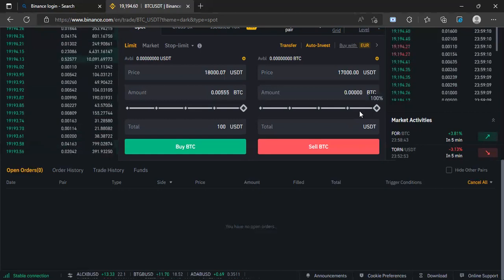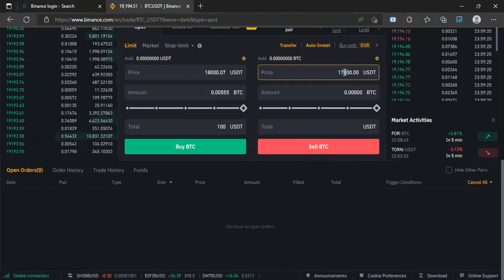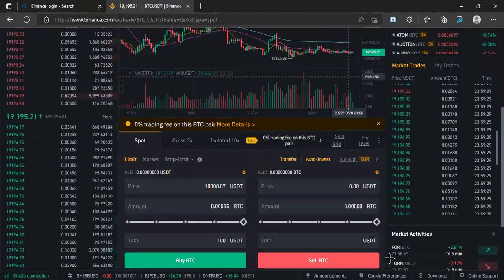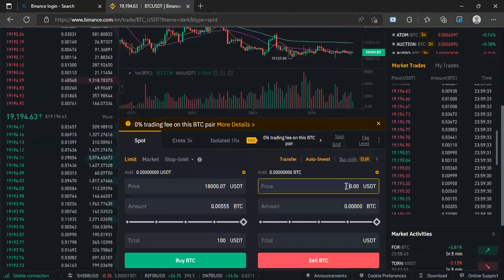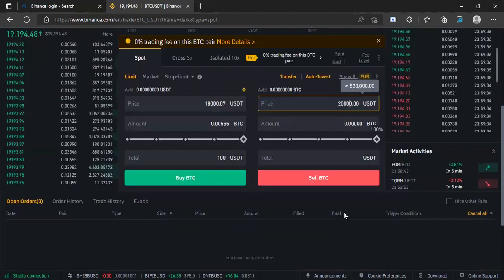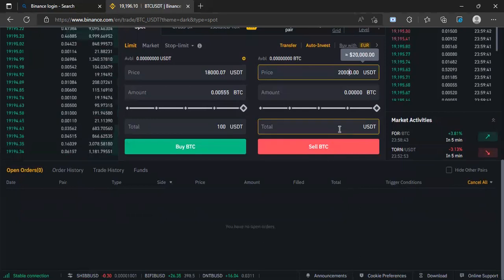So let's say you go to where it says sell, and you want to sell 50% of that amount at, I don't know, 20,000. So put 20,000 right there, and you put in 50%.